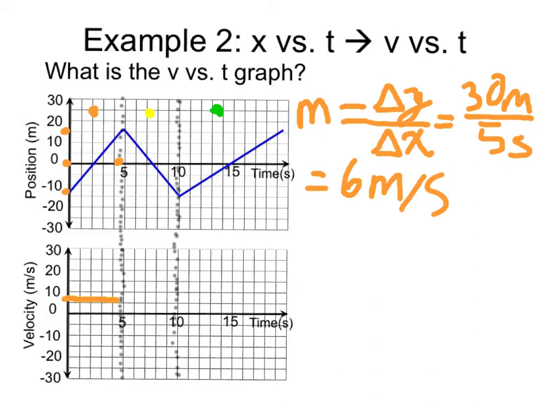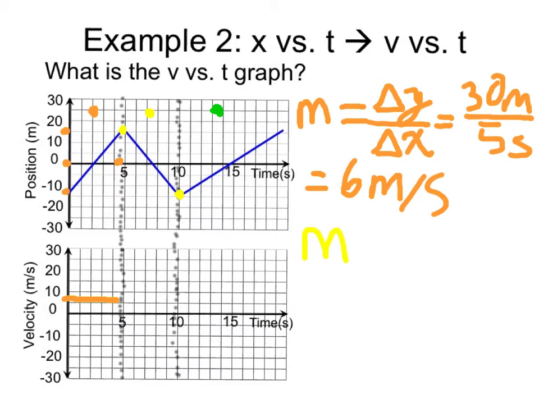Alright, now let's do it for the yellow part of the graph. I notice on the yellow part of the graph we go from positive 15 in the y down to negative 15, and we also do that in 5 seconds.